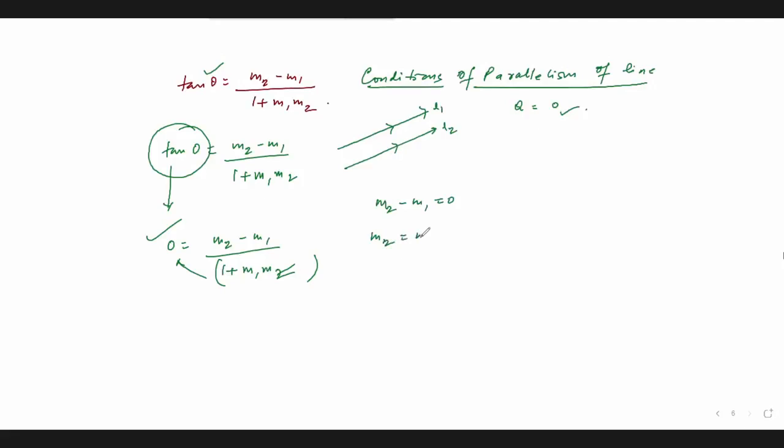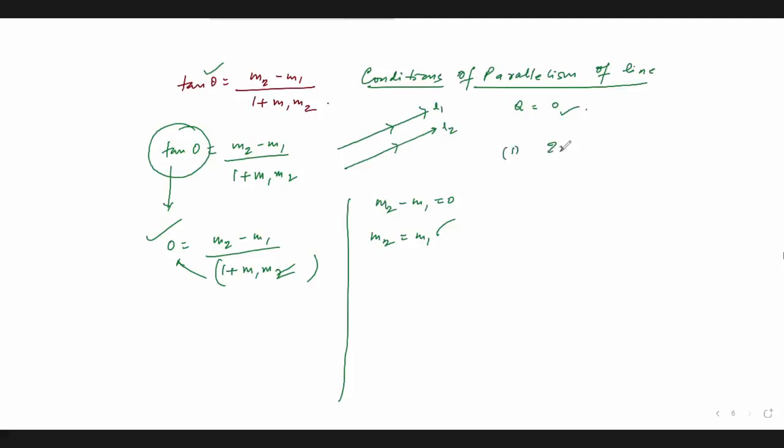So M2 is equal to M1. That means if the slopes of both the lines are equal, we can say that both the lines are parallel. So two lines are parallel when the slopes are equal.